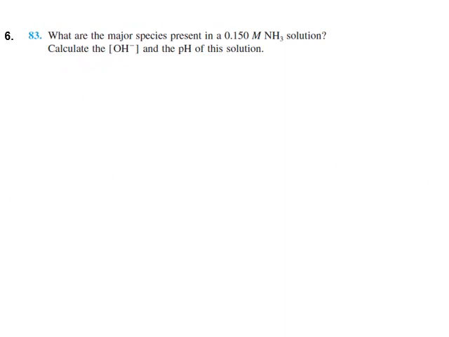What are the major species present? Now, this is a weak base problem, so let's do this a little more slowly. We're going to have a weak base. We want Kb. That means we need to write NH3 plus what? Think about what we're going to add. What's the other thing that's available? If nothing else, sometimes that's the way you can remember.